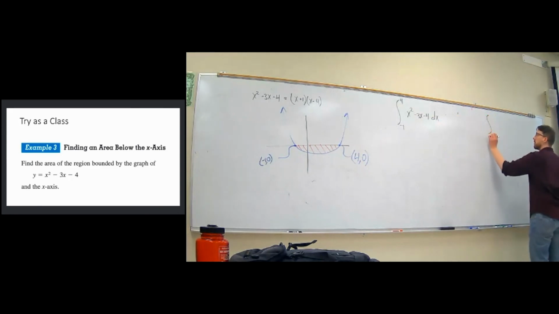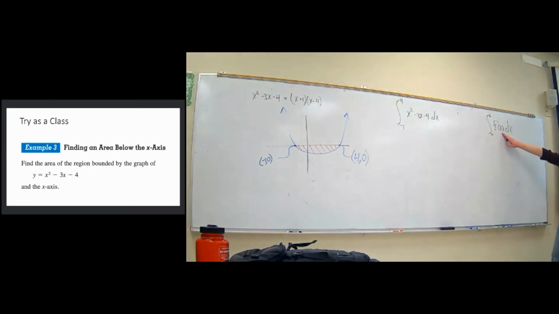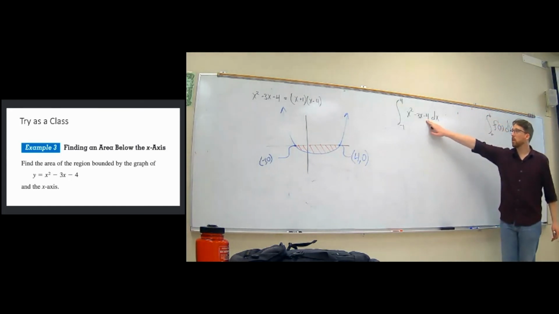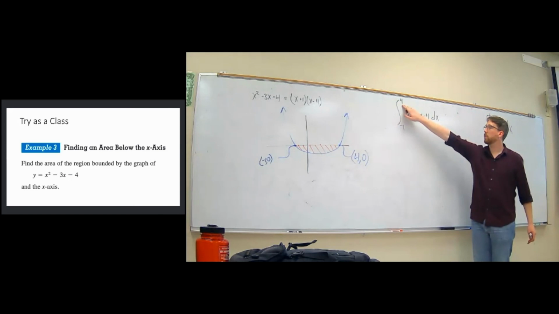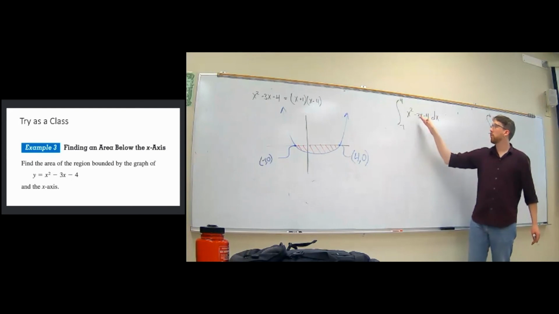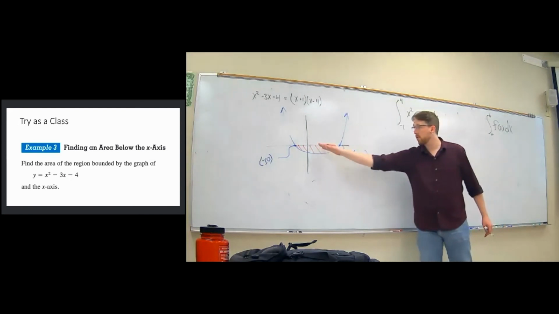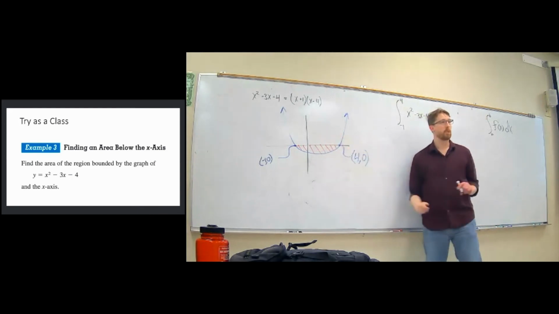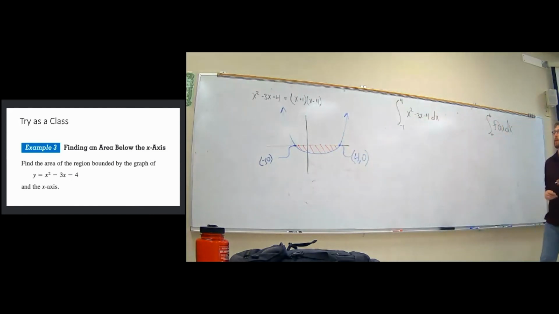So anytime you take the integral of a function f of x dx, this will always compute the area between your function and the x-axis from x equal to a to x equal to b. Well, coming back over here, we've got x equal to -1, x equal to 4, and this thing is going to compute the area between our function and the x-axis. Well, that's going to be what we have in red.